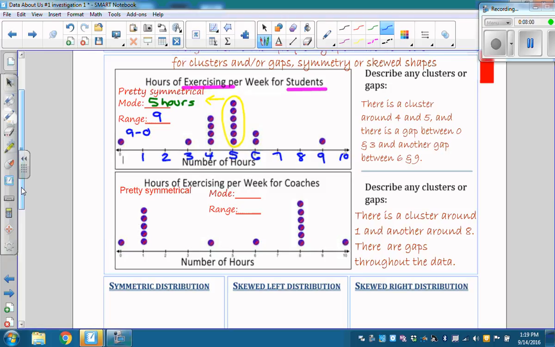Now look at the coaches. So, Henry, what's the mode for the coaches? 8 hours. Okay, now would you say that describes the coaches? No, right? Because there's a whole bunch of coaches that don't do anything. Yeah, maybe they're so busy coaching they don't have time to exercise. So this mode on the top is a good description, but they're not always good descriptions.